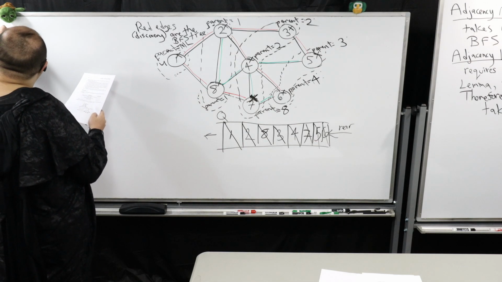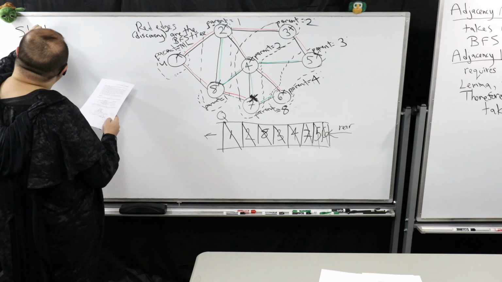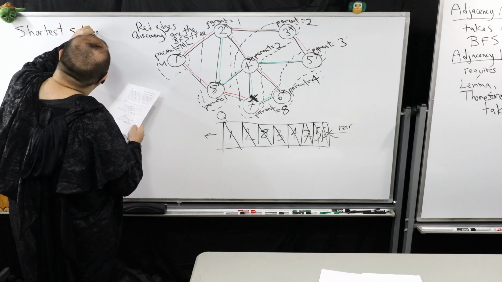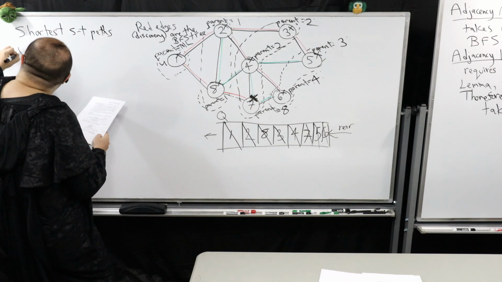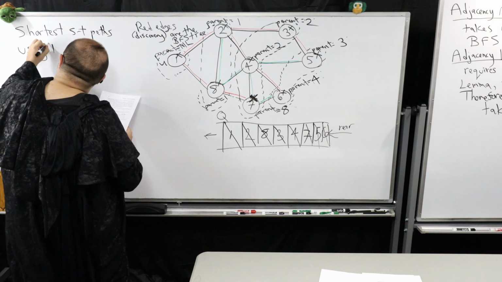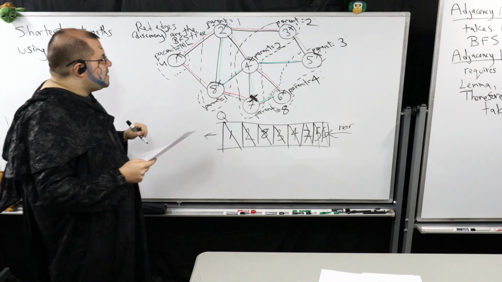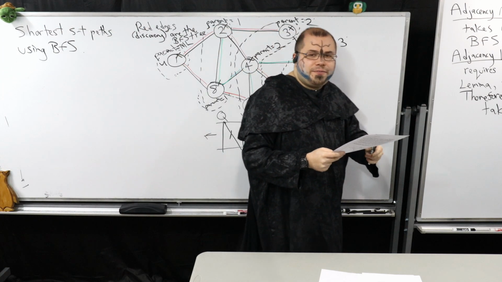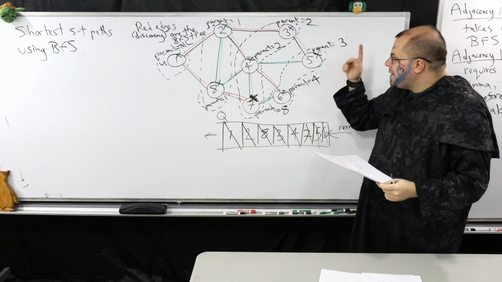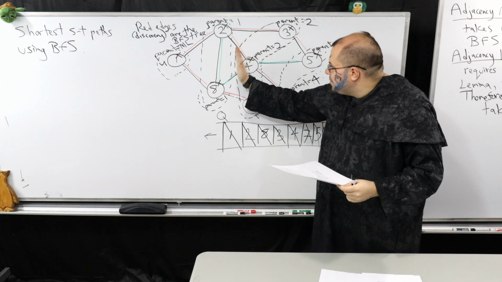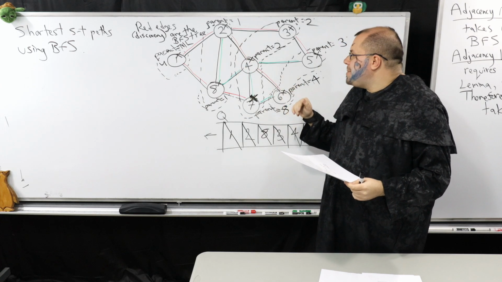So another thing that I want you to be aware of is that you can compute shortest S-T paths using BFS. So what do I mean by that? If I consider my graph here, when I go from one level of the tree to another level of the tree, how many edges do I use?